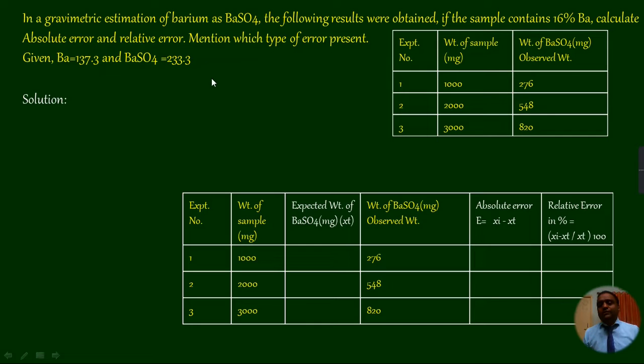So these values are given. These are experimental values. For example, the weight of sample is 1000 milligram, 2000 milligram, 3000 milligram, and in these samples the barium sulfate calculated is 276, 548 and 820 milligram.